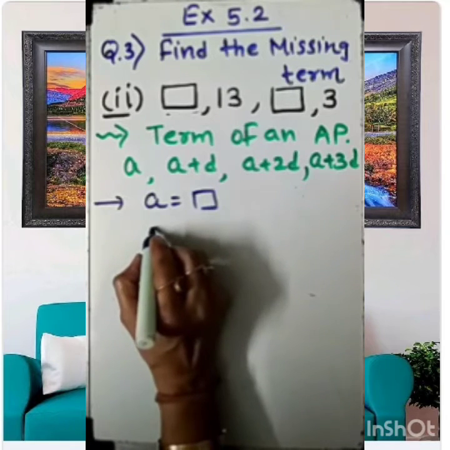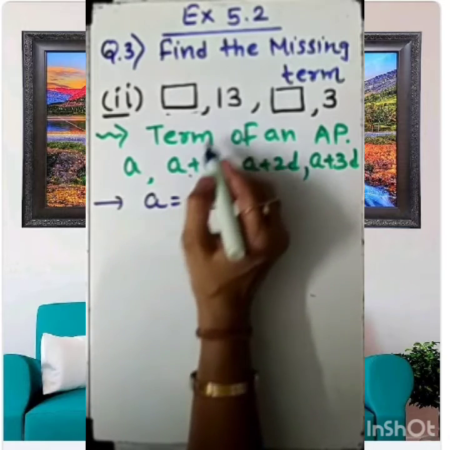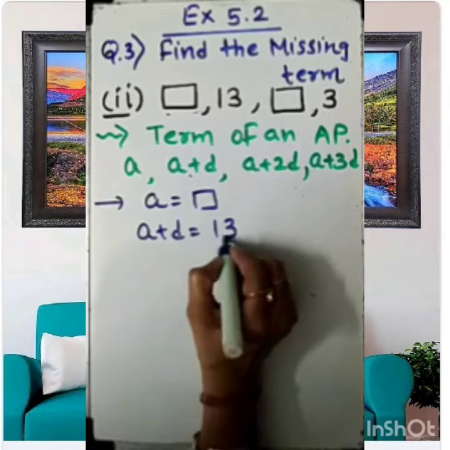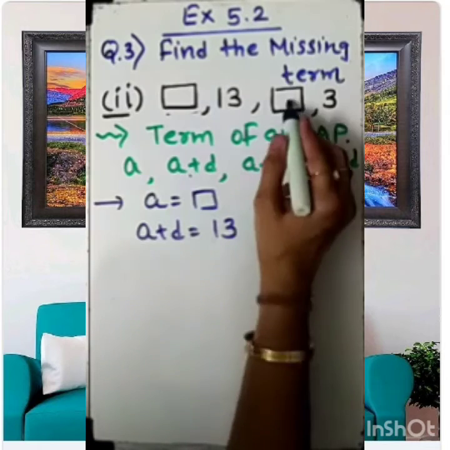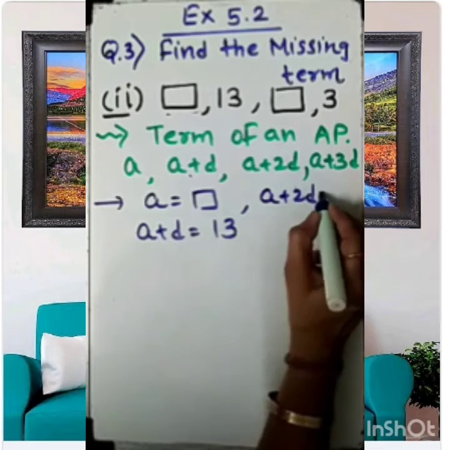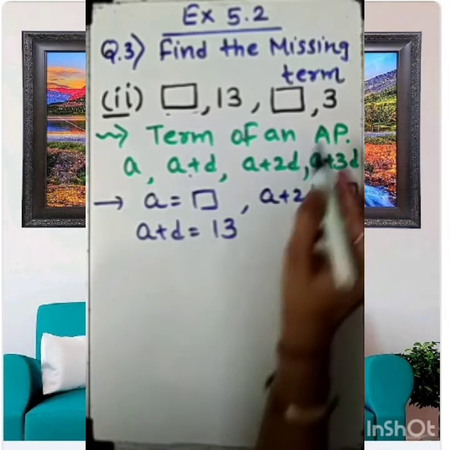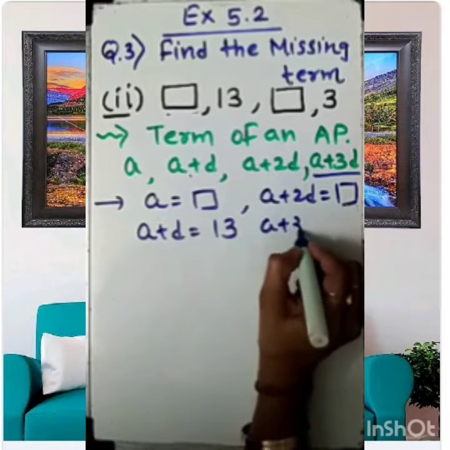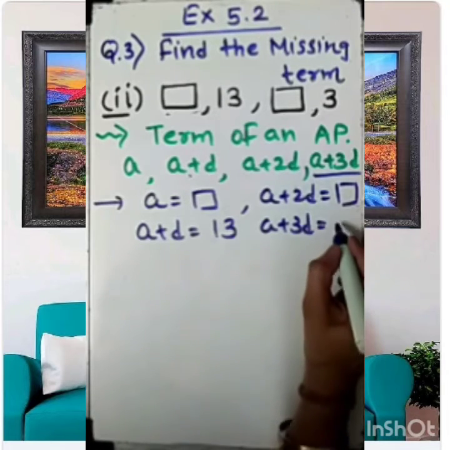Then the second term we can compare, a plus d, is given as 13. Let's note it down. We are not given a plus 2d, that is also a question mark, so let it be as it is. But the fourth term, a plus 3d, we are given its value is 3. Got it?